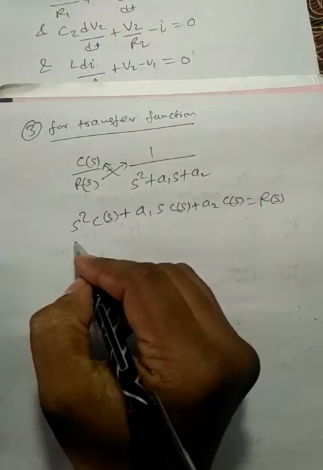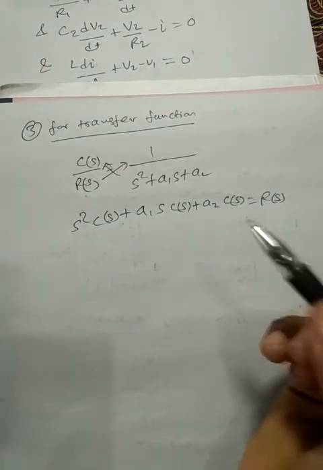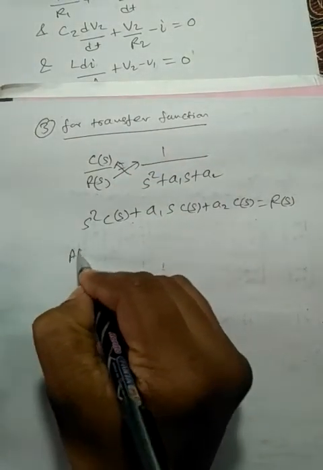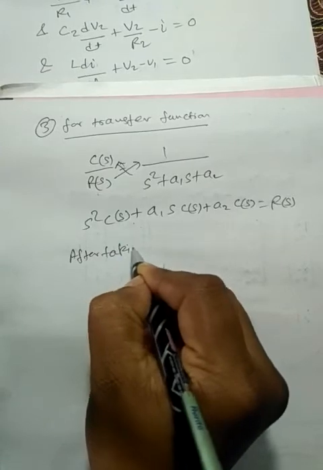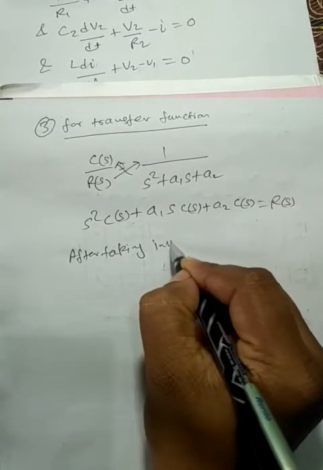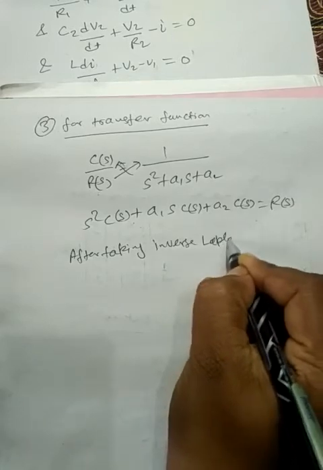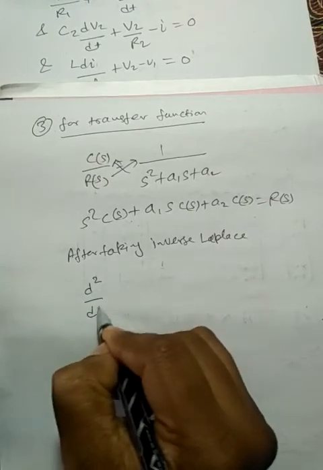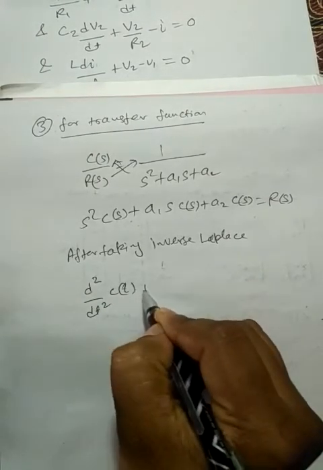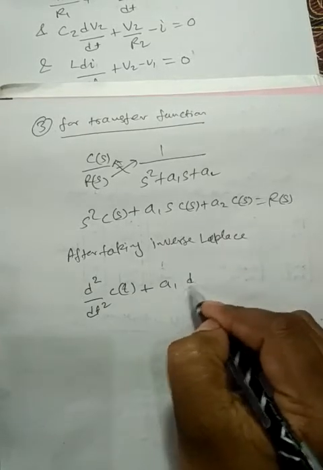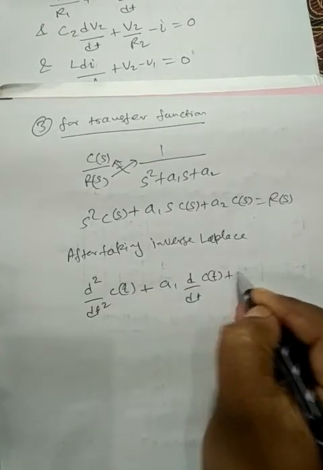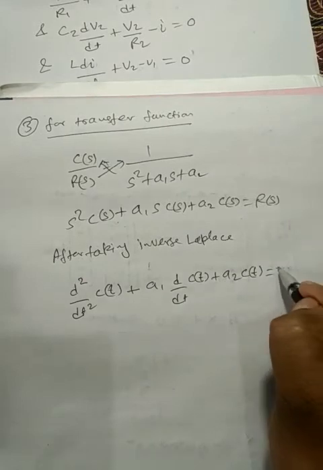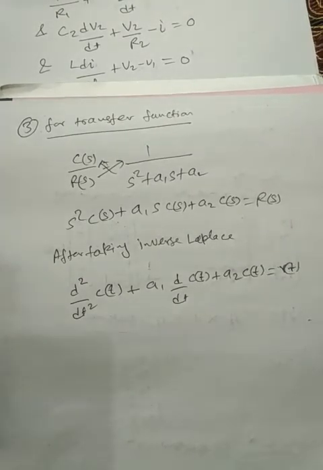And considering all initial conditions 0, because this is the condition for a transfer function, after taking inverse Laplace we get d2 over dt2 ct plus a1 d over dt ct plus a2 ct is equal to rt, right?